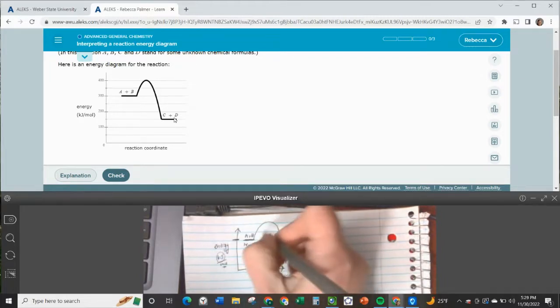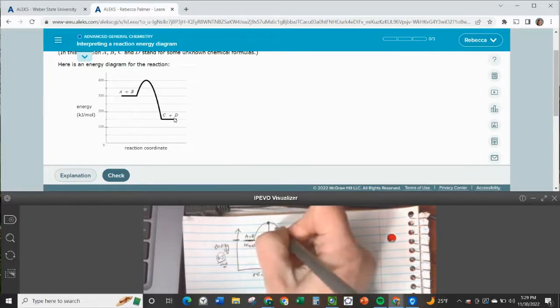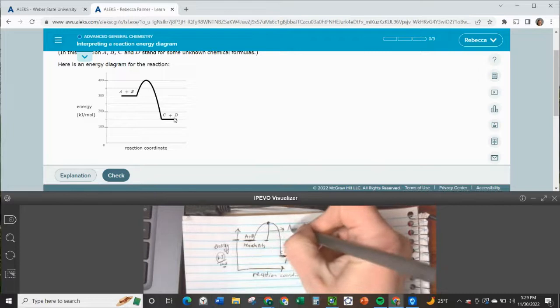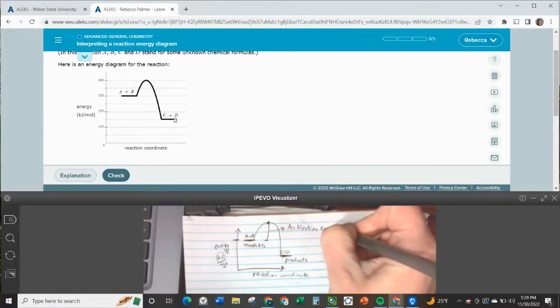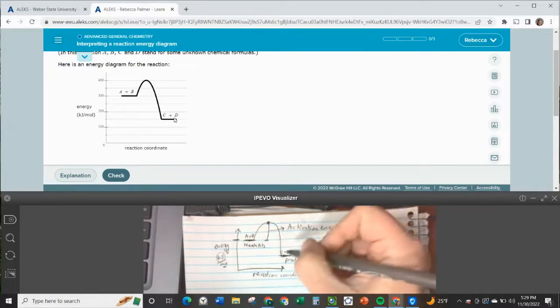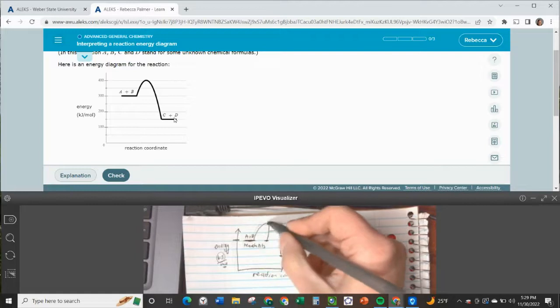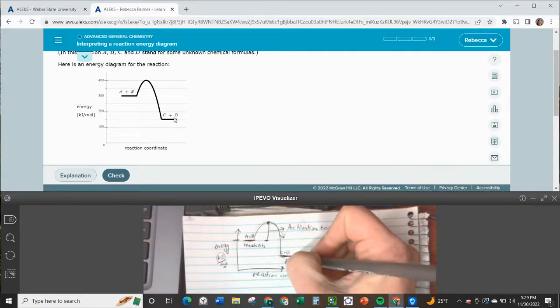The other thing we have in this graph is, from our reactants to the top of this hill, to the top of this curve, called the activation energy. So this activation energy is how much energy we have to put into our reactants before they can start going down the hill to getting to our products.